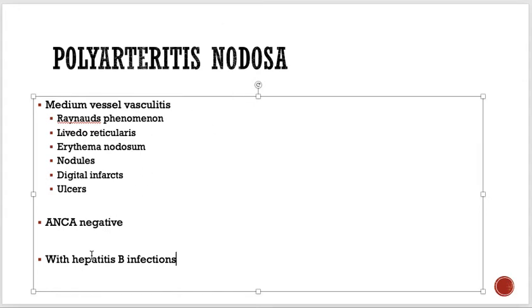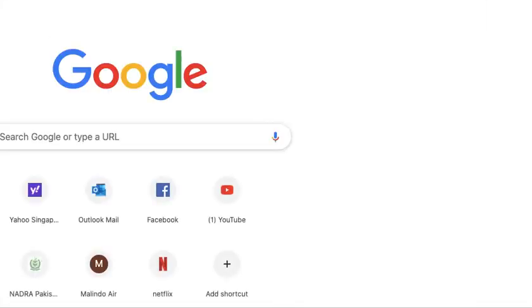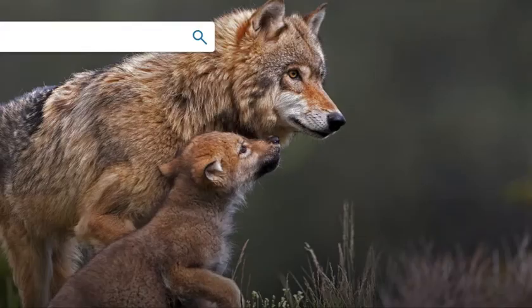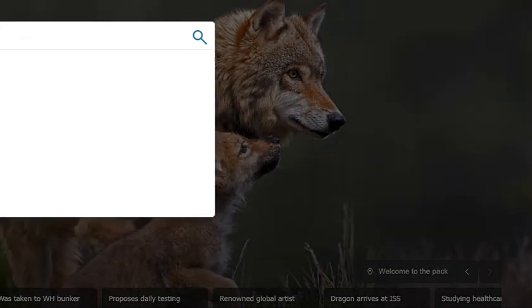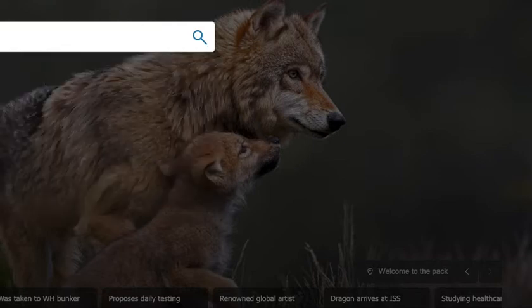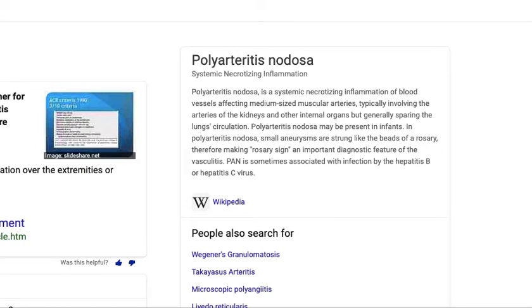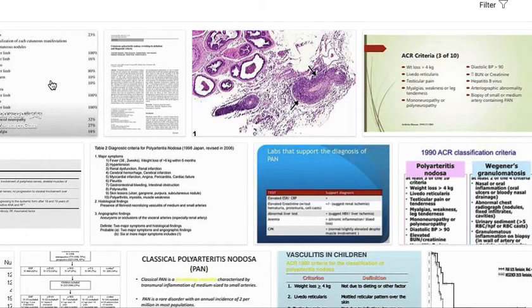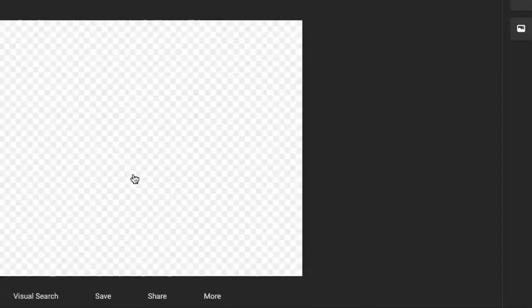Okay, what is the criteria of polyarteritis nodosa? Maybe I can find it on Bing. So let's see if we can find it. The criteria for diagnosis, the criteria for PAN, polyarteritis nodosa. Okay, so you can see over here, yes, we can find this.